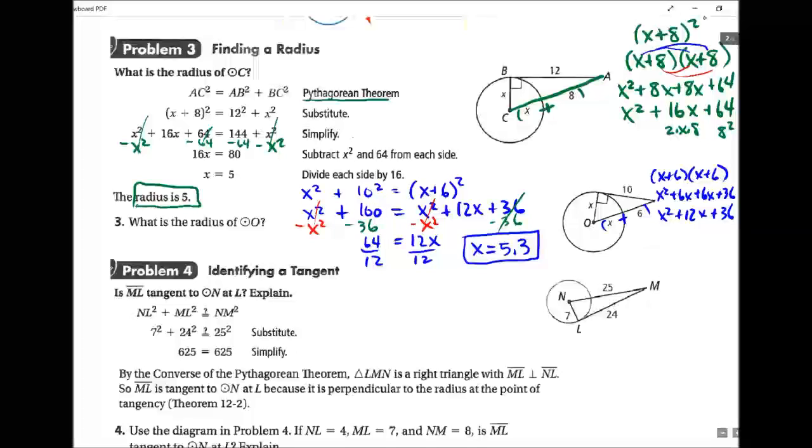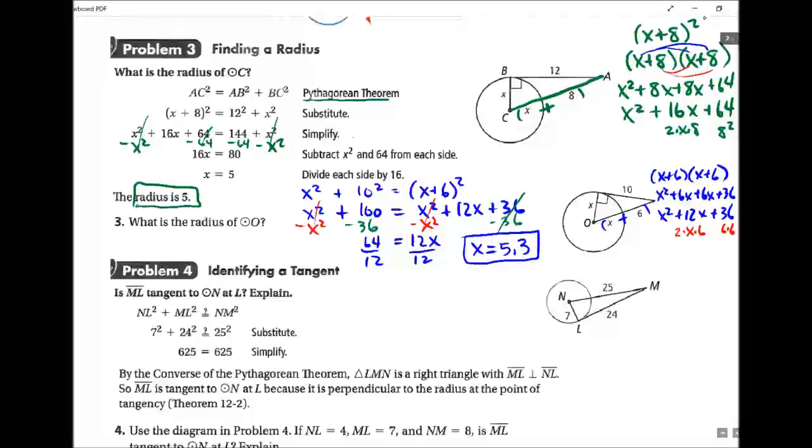We use our Pythagorean theorem. We just substitute in. Don't forget we are squaring the quantity x plus 6. And I came over here to the side and I extended it out, did my distributing, came up with x squared plus 12x plus 36, which should not be a surprise because this is 2 times x times 6 and this is 6 times 6.